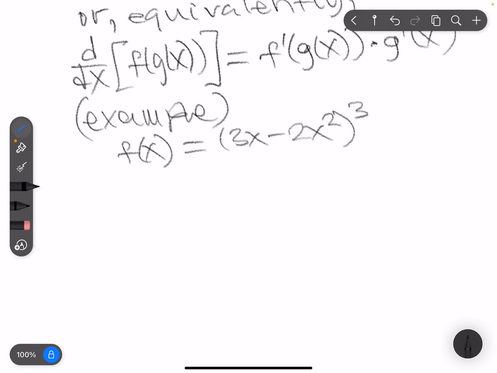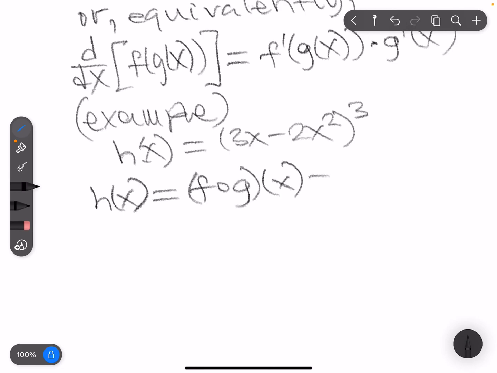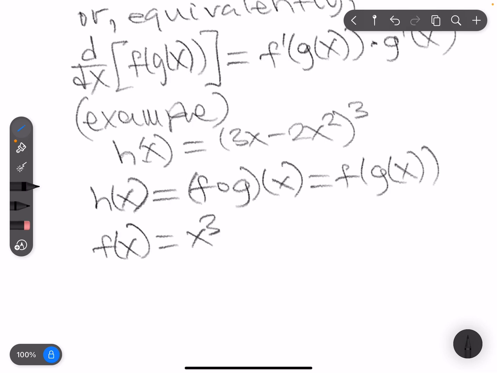So that being said, let's call this function h. We need to find functions f and g such that h of x equals f composed with g of x. And again, this just means f of g of x. So what functions f and g will make this work? Well, we could choose f of x equals x cubed and g of x equals 3x minus 2x squared.